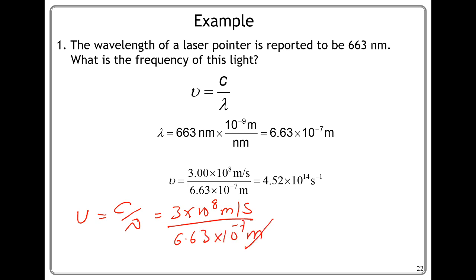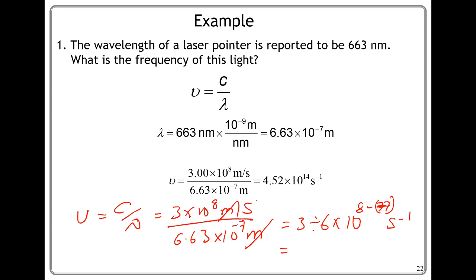Meters will cancel and your answer will be given in per second. For simplicity's sake, I always advise people to use simpler numbers, where you can say 3 divided by 6 times 10 to the power 8 minus minus 7 per second.